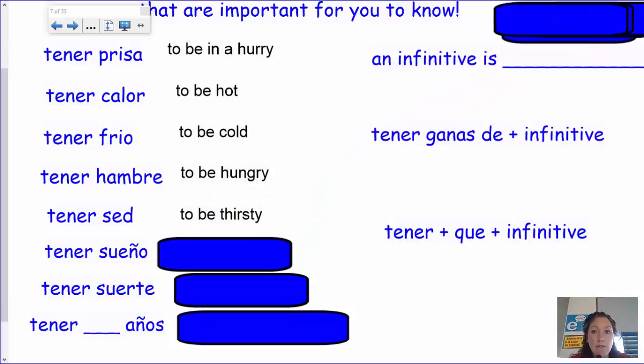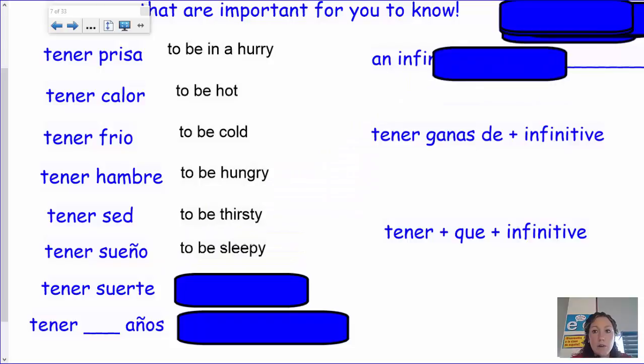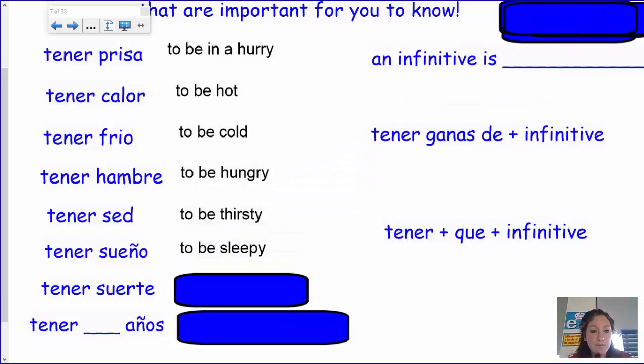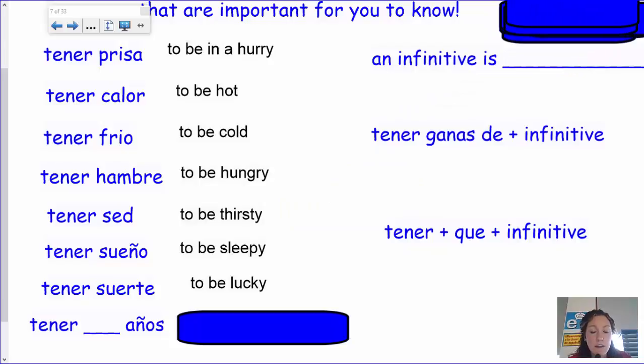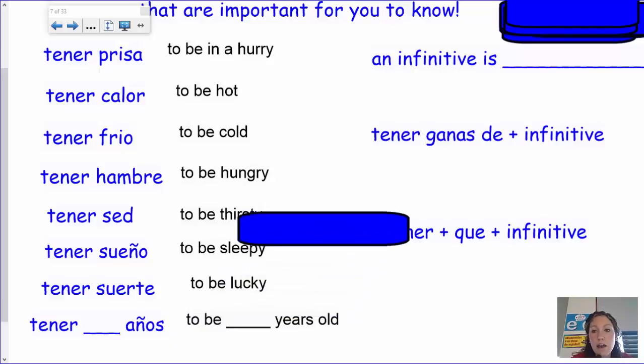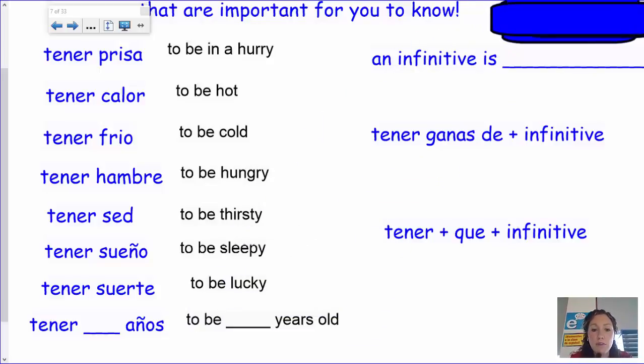Tener sed, to have thirst or to be thirsty. Tener sueño is to be sleepy. Tener suerte, to be lucky. And I think you know this last one, tener blank años is how you say how old you are. So if I said tengo 31 años, I am 31 years old. True story.